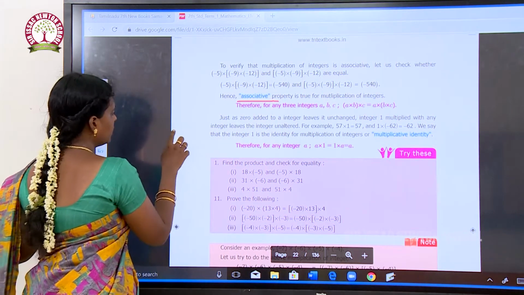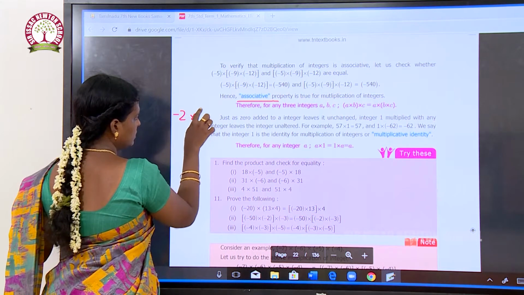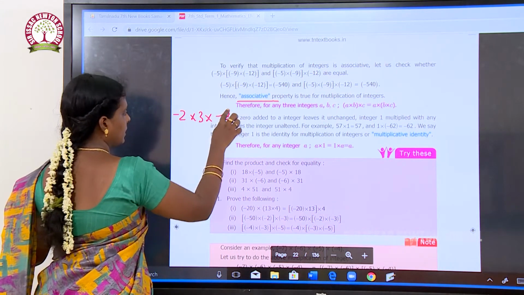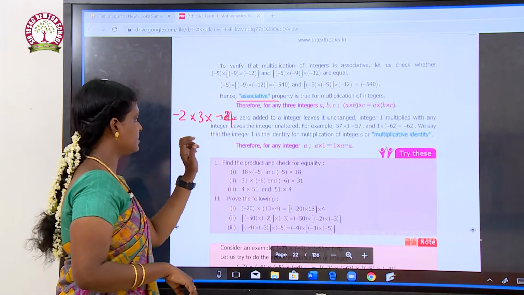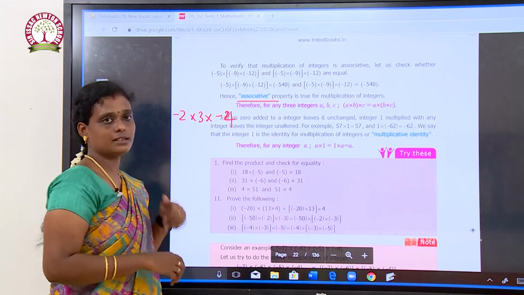See, I am taking 3 integers: minus 2 into 3 into minus 4.